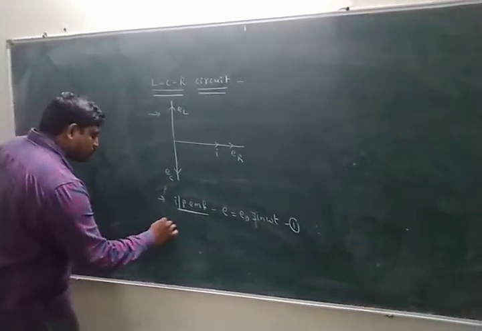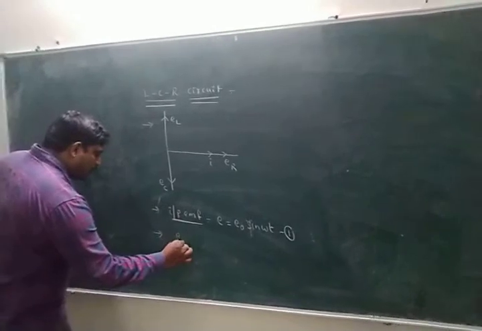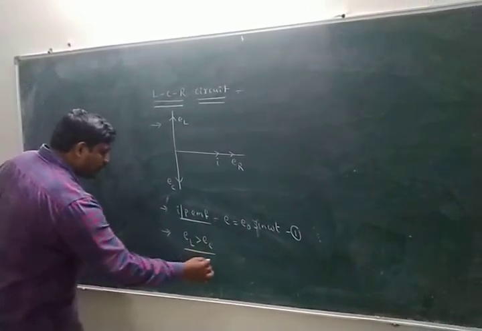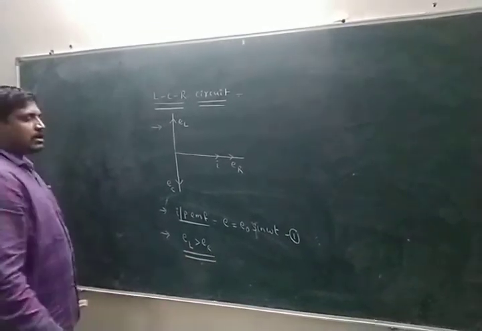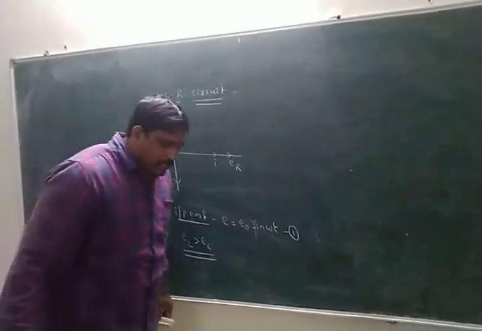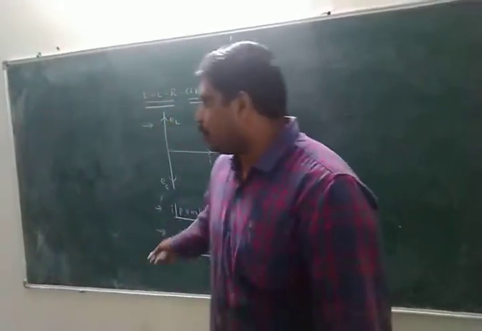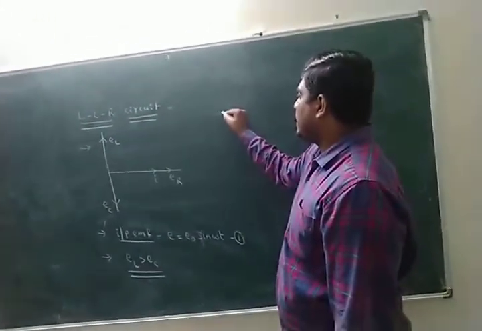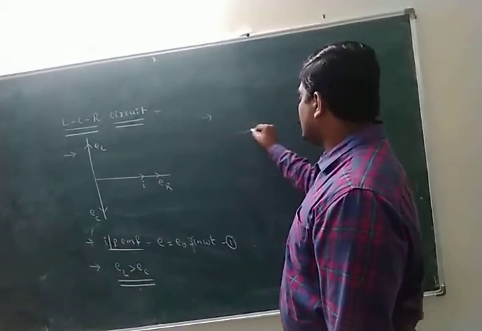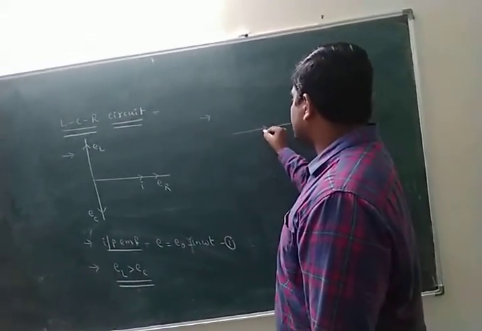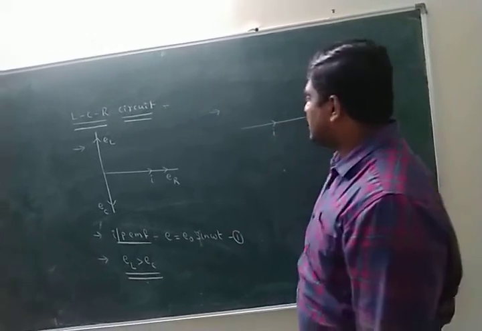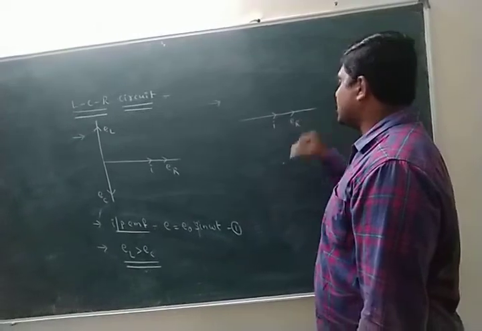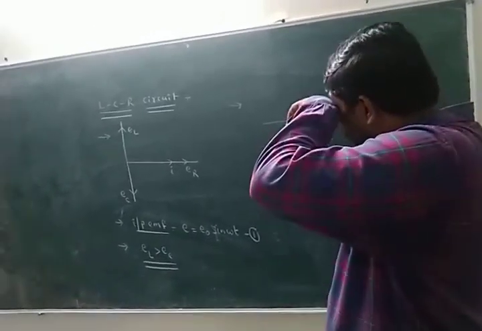Here the question is given EL greater than EC. What is the condition? EL greater than EC. Simply, the EMF through the inductor is more compared to the capacitor. Look here now. On the x-axis, this is current. This is EMF through resistor. This is I and ER.